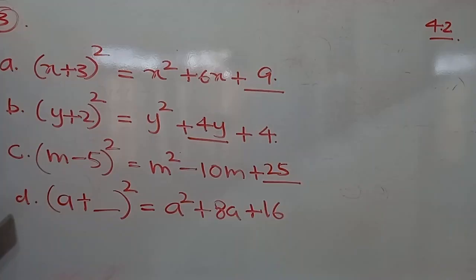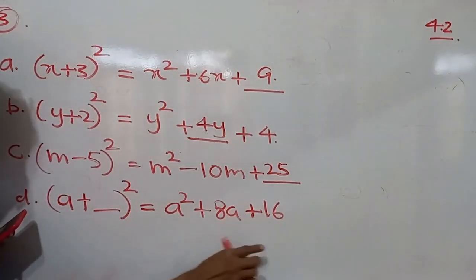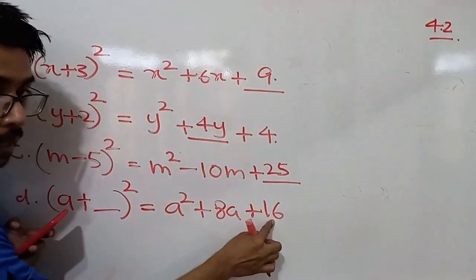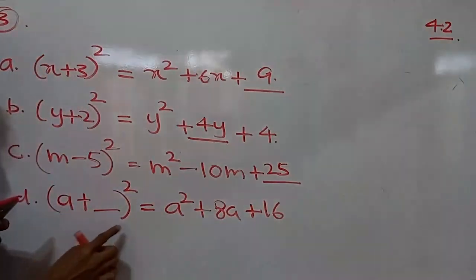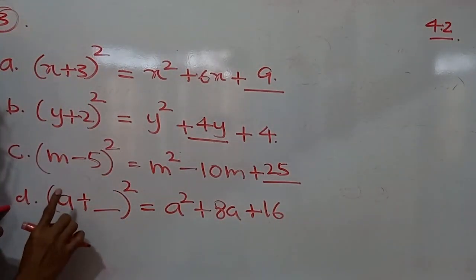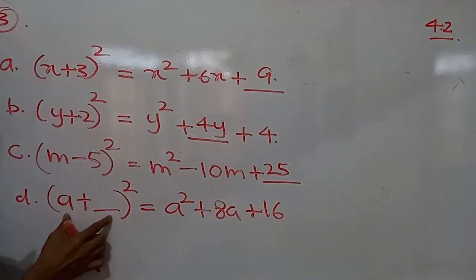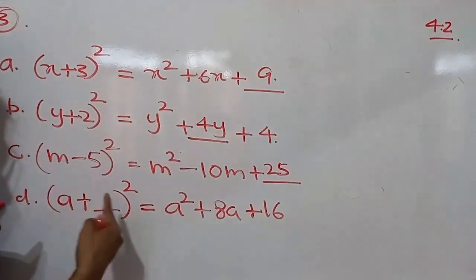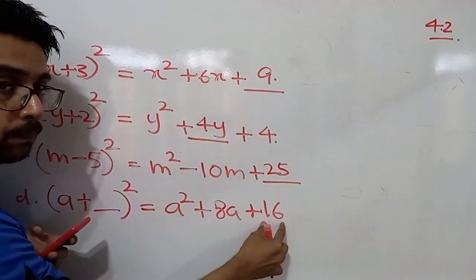So we know here we have 16, right? That's not a thing that they are asking, but we know that when we talk about squares of binomial expressions, when we have two terms in one binomial expression and we talk about squaring that, the last term, how do we get it?